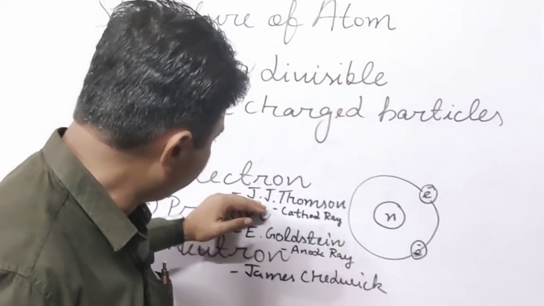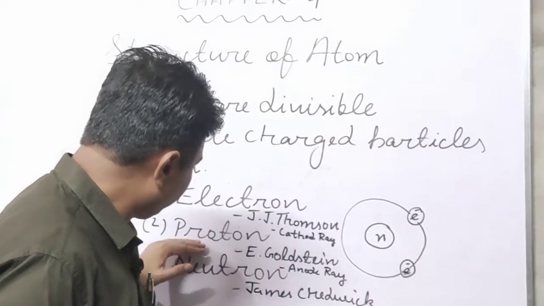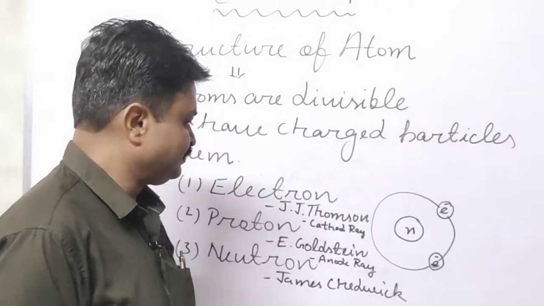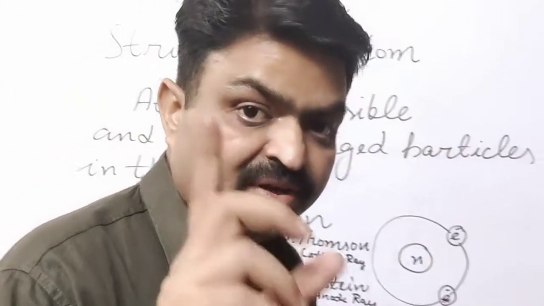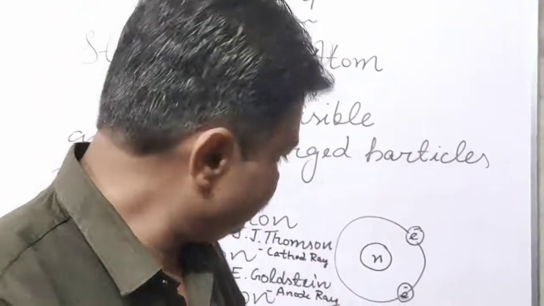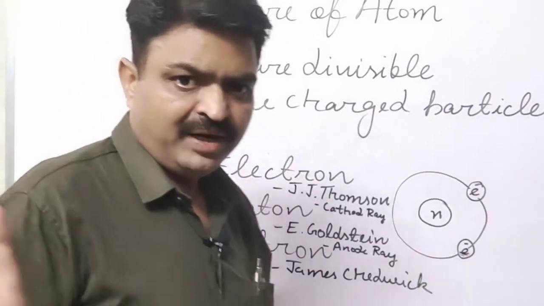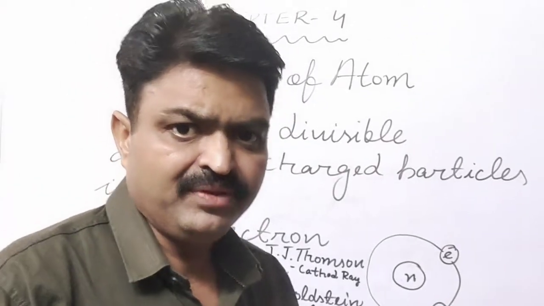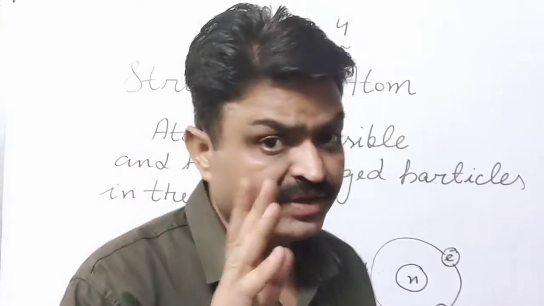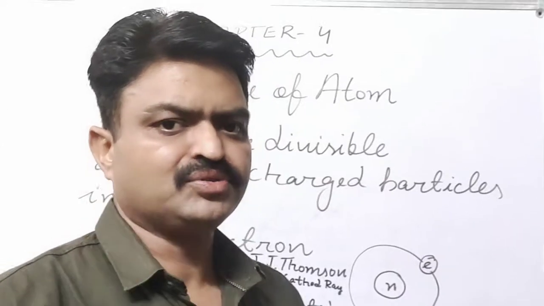J.J. Thomson discovered the electron with the help of cathode rays, and the proton was discovered by E. Goldstein with the help of anode rays. And when he passed the anode rays, positively charged particles were given off, and those positively charged particles are known as proton, student.